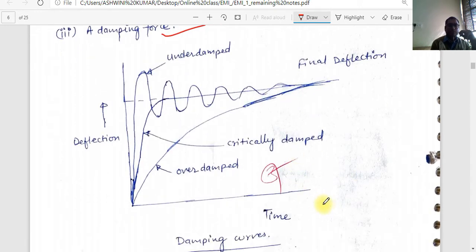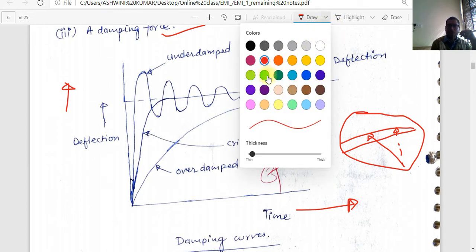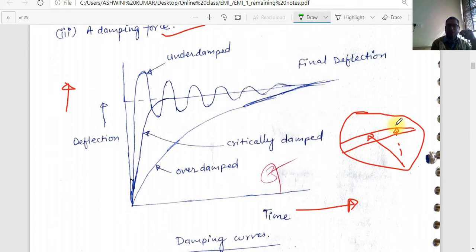This is a damping curve. This is the time and this is the deflection. Suppose our pointer is like this and finally it will go here. Suppose we apply 2 ampere or 10 volts, the reading should be there.